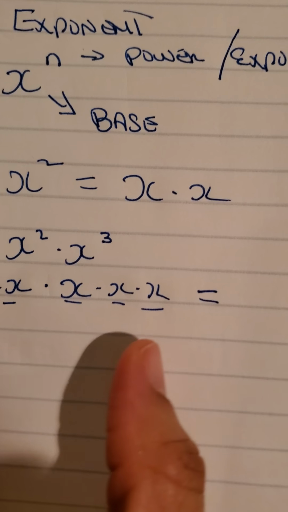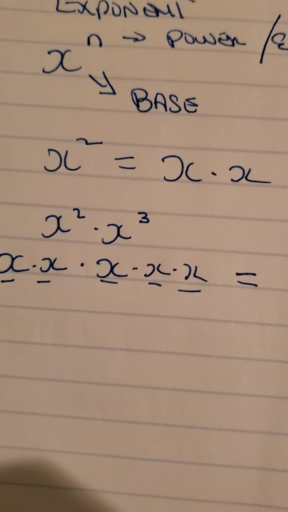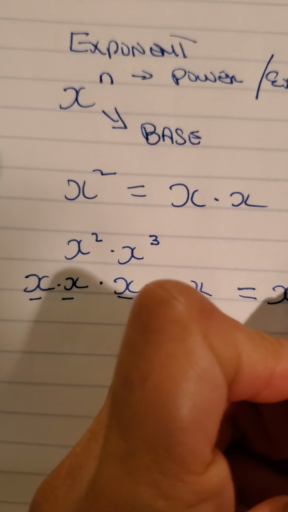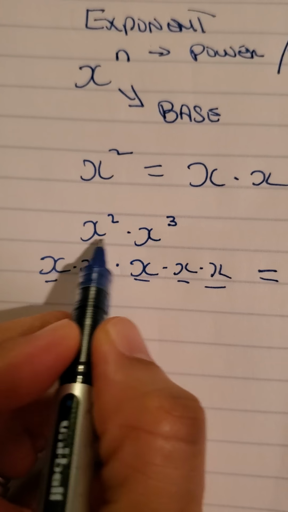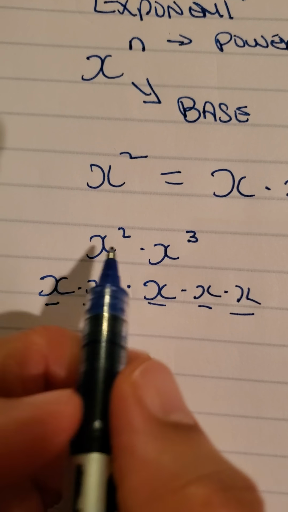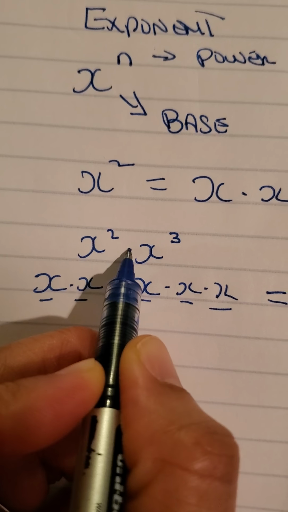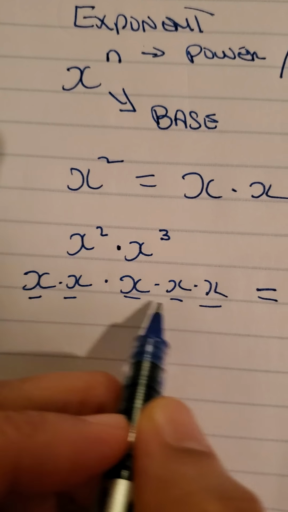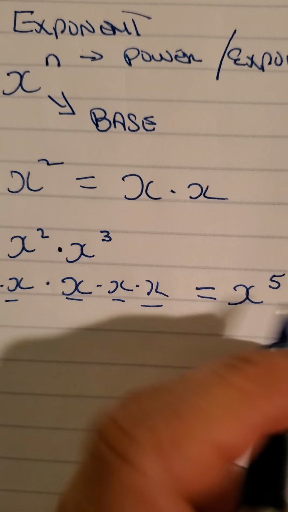If we were to contract this back into exponential form, it'll be x to the 5. So basically, what happened here? We had an exponential of x squared times another exponent of x cubed. And then when we broke that down, we ended up with x to the 5th power.